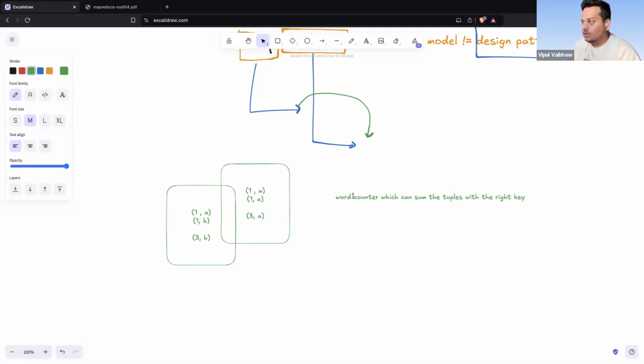It's not a word counter, it's just a sum. I want to sum the tuples with the right key.